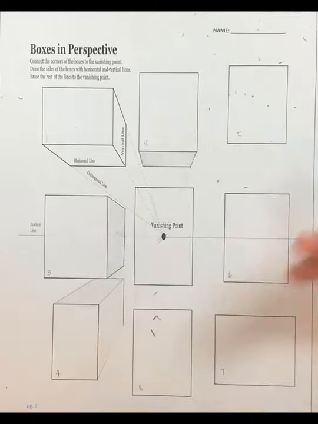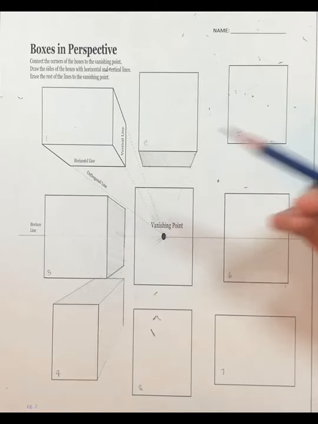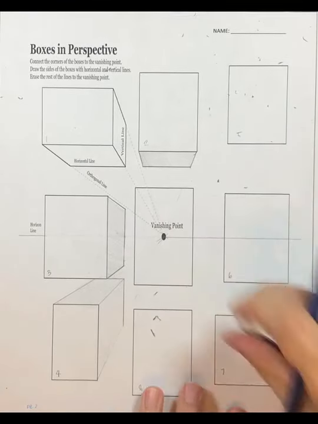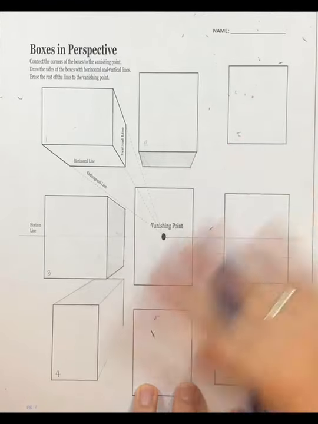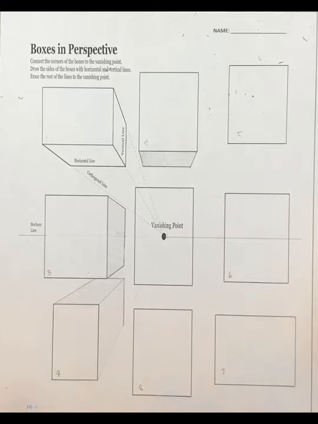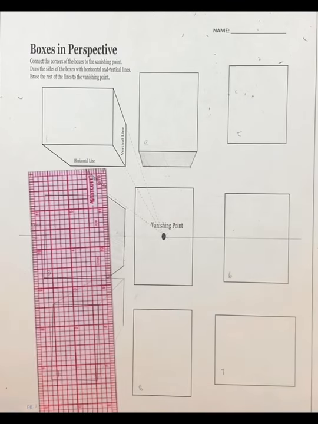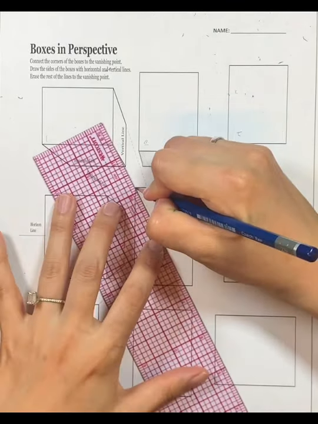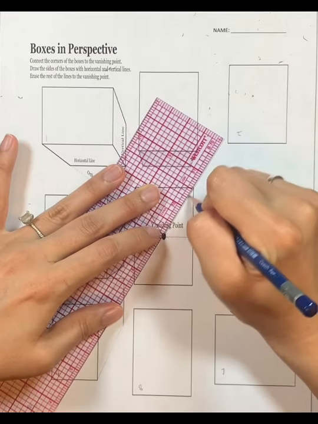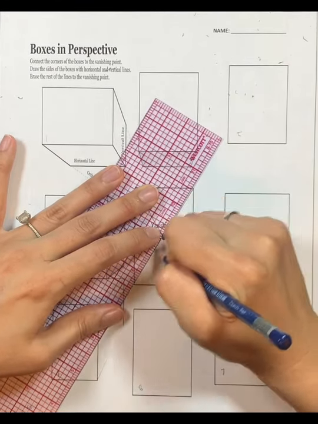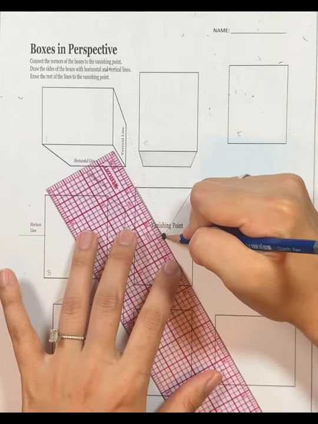Now, as far as this box right in the center, I'm just going to imagine that this is a clear box and draw the orthogonal lines and make it go inside the space. So I'm going to connect this one to the vanishing point, lightly done. The bottom as well.